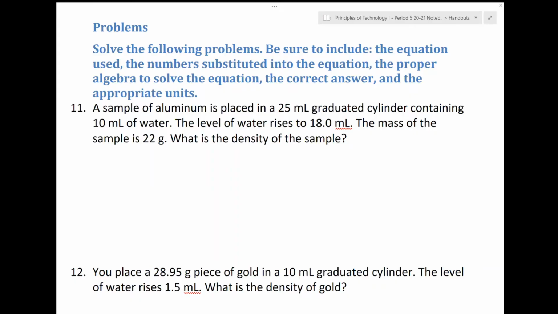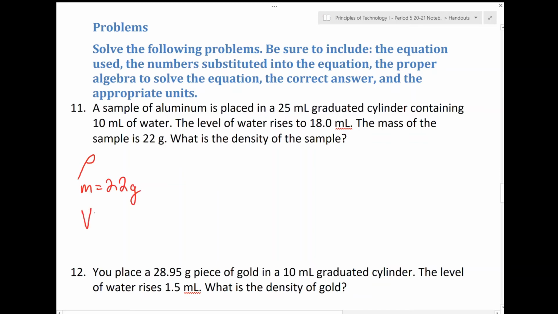Number 11 says, a sample of aluminum is placed in a 25 milliliter graduated cylinder containing 10 milliliters of water. The level of water rises to 18 milliliters. The mass of the sample is 22 grams. What is the density of the sample? So we need to find density. We have the mass is equal to 22 grams.